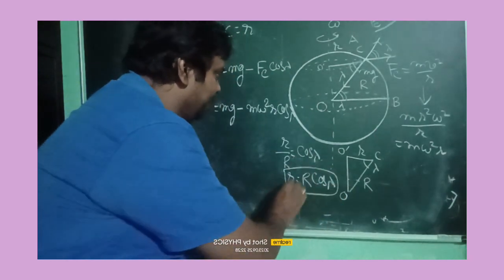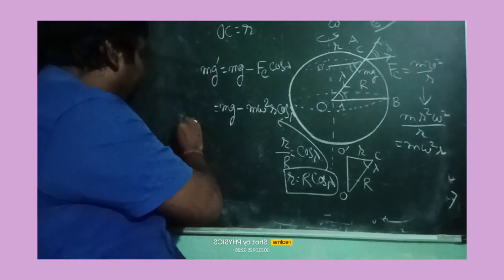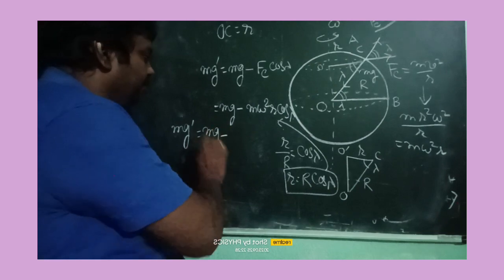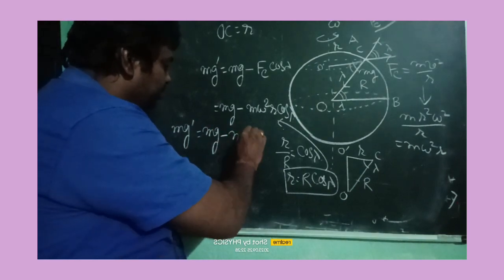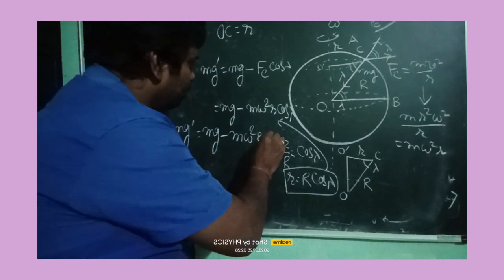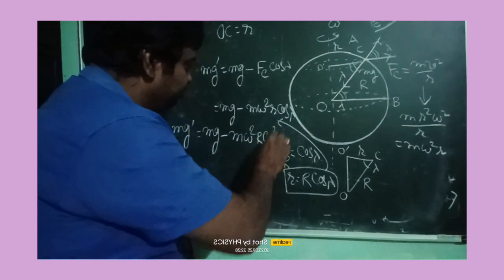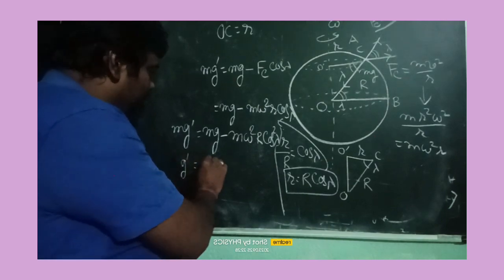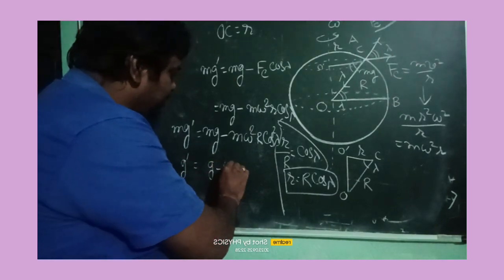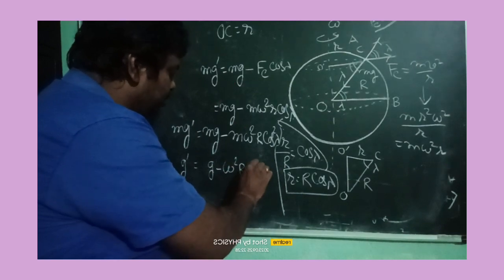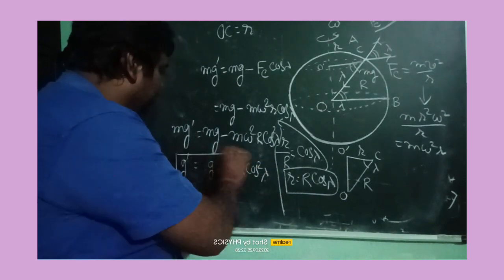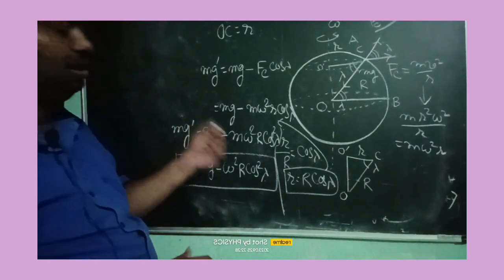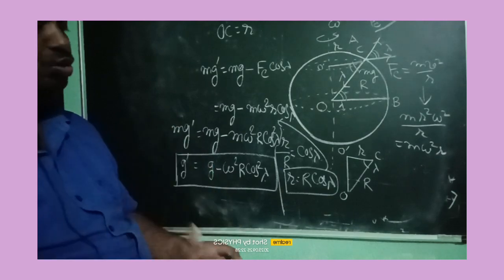Putting that in the equation, we have mg dashed is equal to mg minus m omega square R cos square lambda. From that, g dashed is equal to g minus omega square R cos square lambda, which is the acceleration due to gravity at the point C due to the diurnal motion.